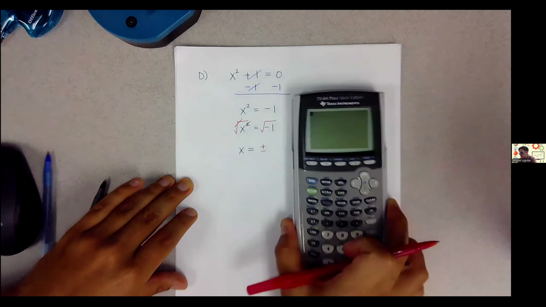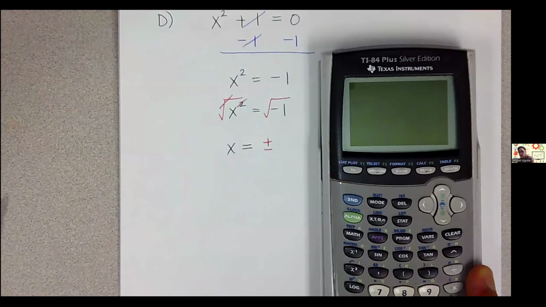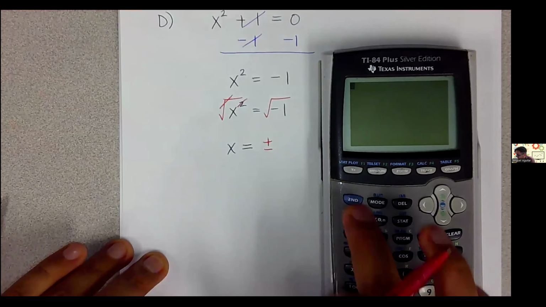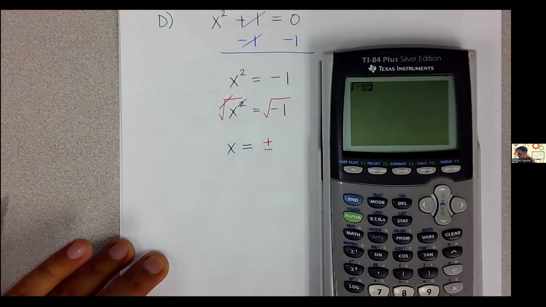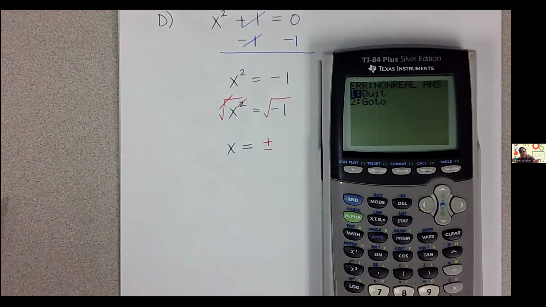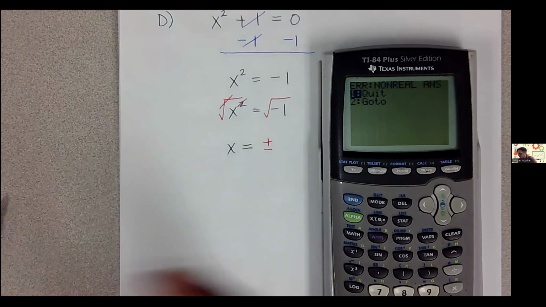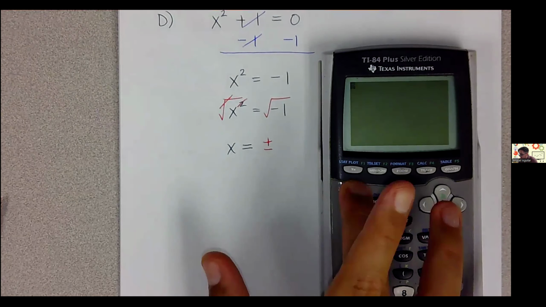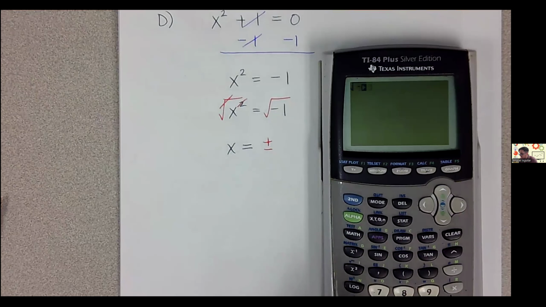So we'll grab our calculator and we will take the square root of negative 1. Well, that's weird. The calculator didn't let me do that. Maybe I made a mistake. I could try again. Let's clear this, the square root of negative 1. It's still giving me this error, and I'm certain that I'm not typing this incorrectly. So what's going on here?